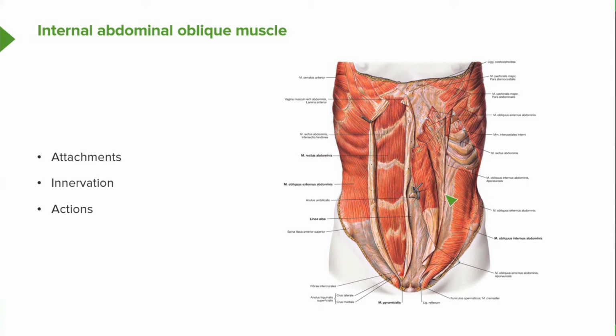Here, more anteriorly, we can see that the muscle fibers are ending in the aponeurosis of the internal abdominal oblique, and that aponeurosis will extend toward the midline of the anterior abdominal wall and end within the linea alba, and will also contribute to the formation of the rectus sheath.